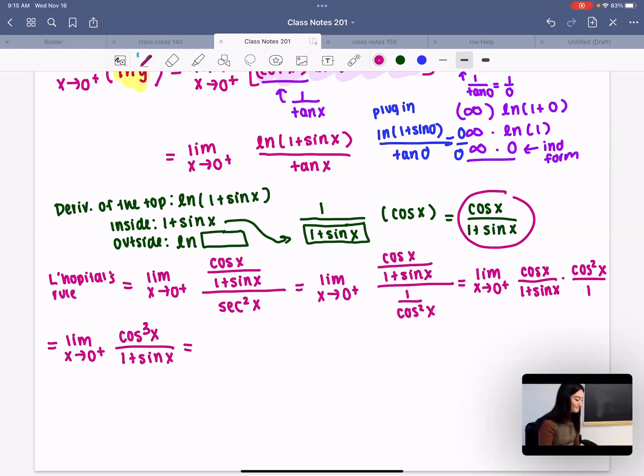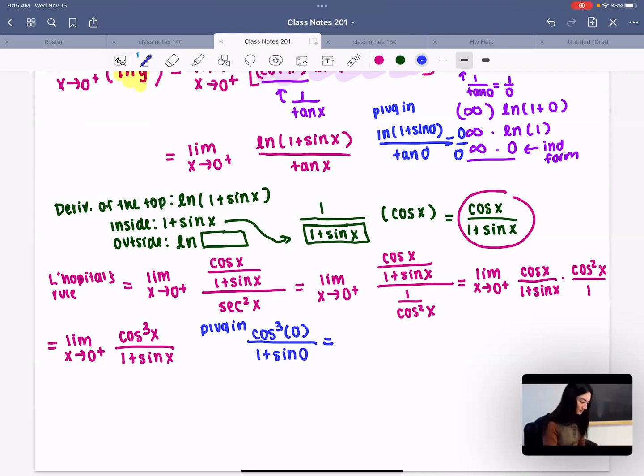Okay. Well, now we're here. We have the limit of a fraction. Let's just plug in and see what happens. Okay. So we're going to plug in here. We want to find the cosine cubed of 0 over 1 plus sine of 0.